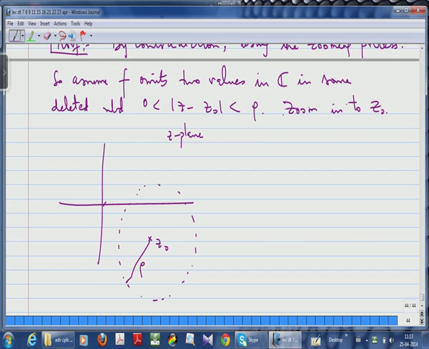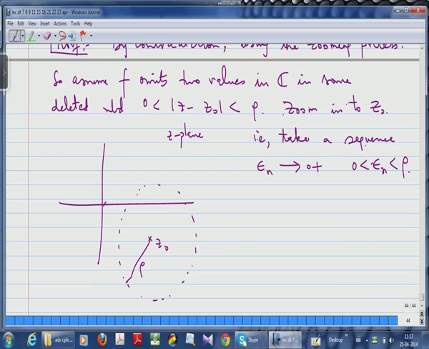So what you do is zoom in to z naught. Take a sequence epsilon n tending to 0 plus, with 0 less than epsilon n less than rho.